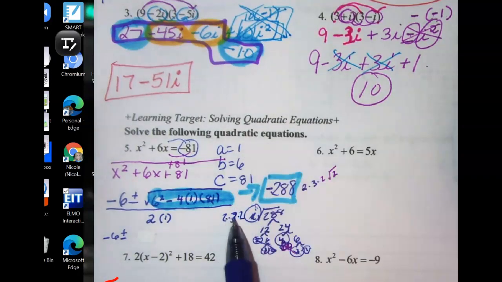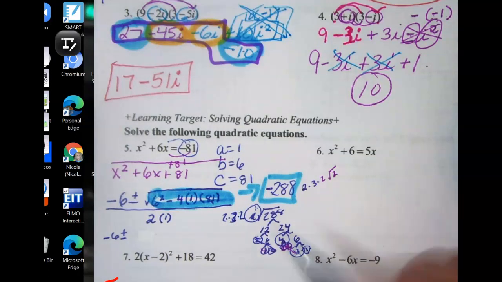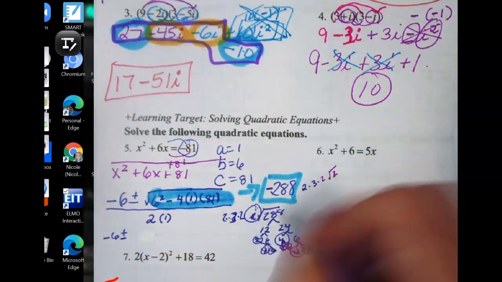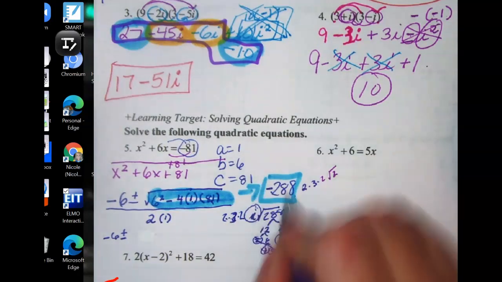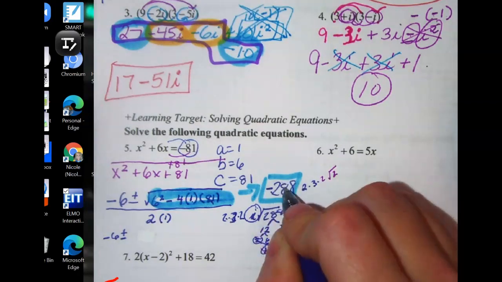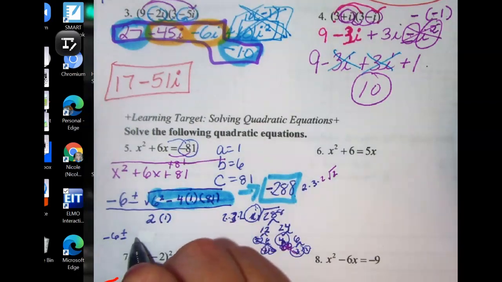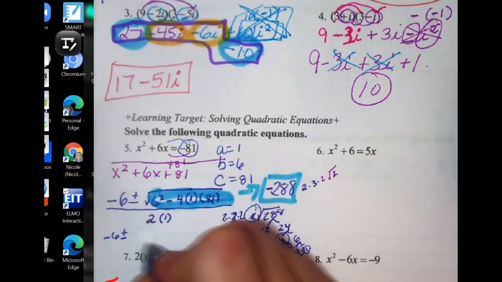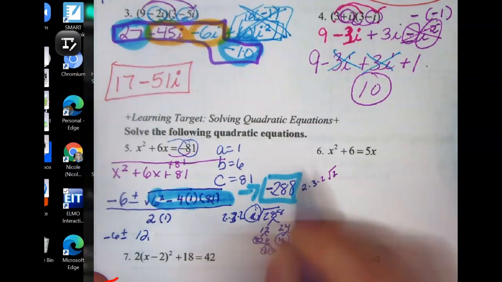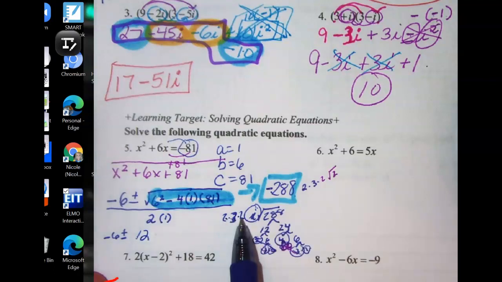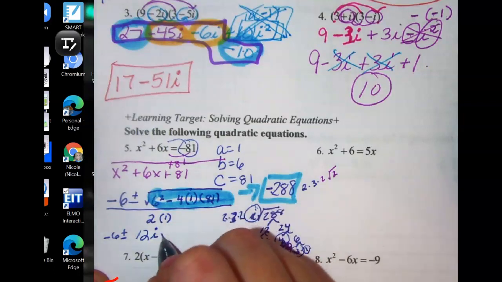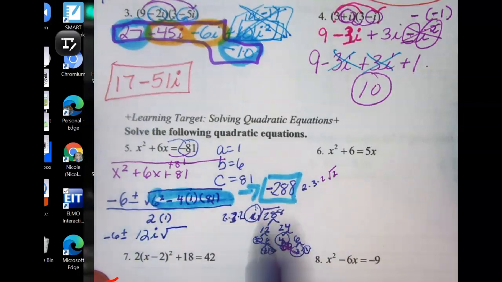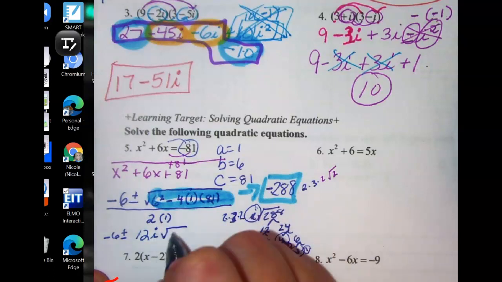So I have 2 times 3, which is 6, times 2, which is 12. So when all is said and done, I've pulled out the i on the outside, I pulled out the 12 because I have the 2 times the 3 times the 2, and I still have left over what I couldn't have pulled out, which is just a 2.